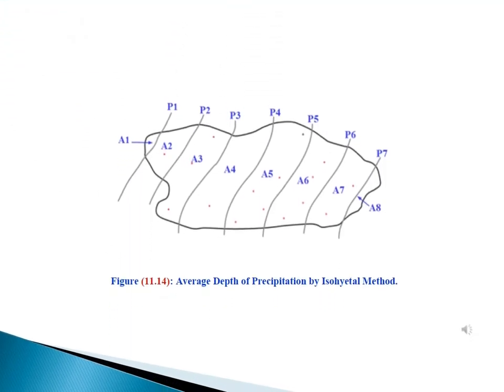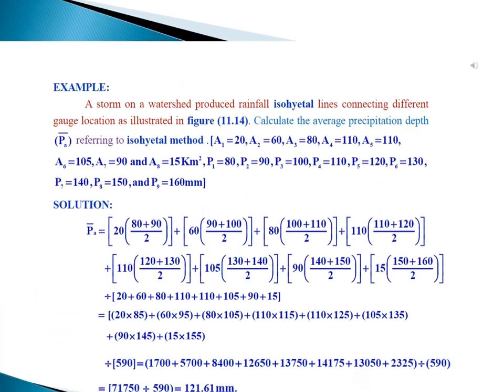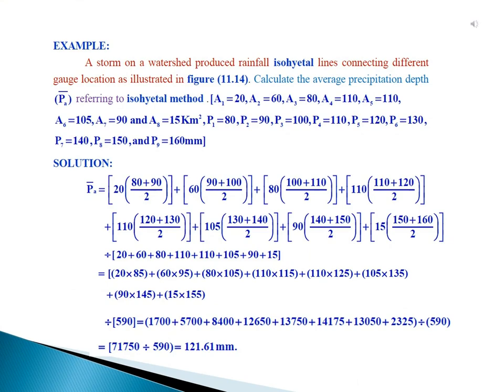Figure showing the average depth of precipitation by the isohyetal method. Look, my dear, this is an example and solution of calculating the average precipitation depth by the isohyetal method. Follow it by yourself, it is so easy.